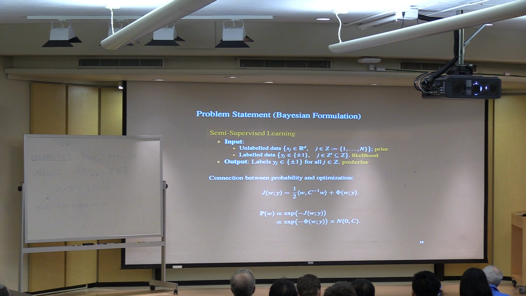The connection between probability and optimization is the standard one, where I'm going to take the objective function that I described to you before and exponentiate its negative. And that will give me a probability.